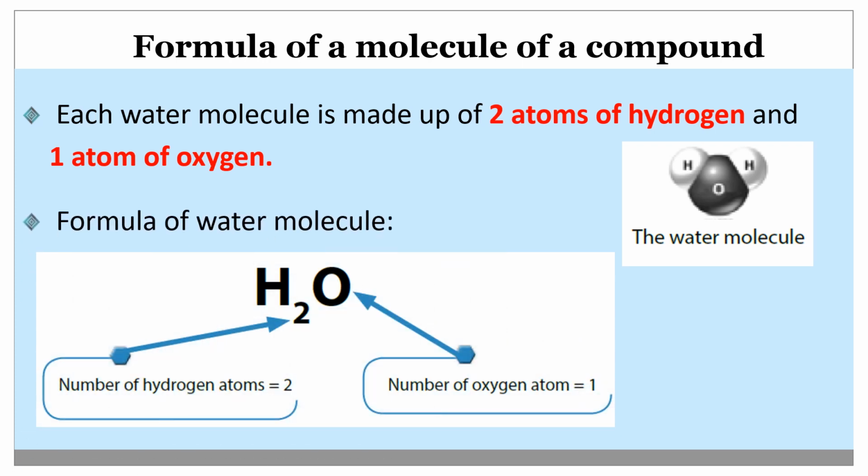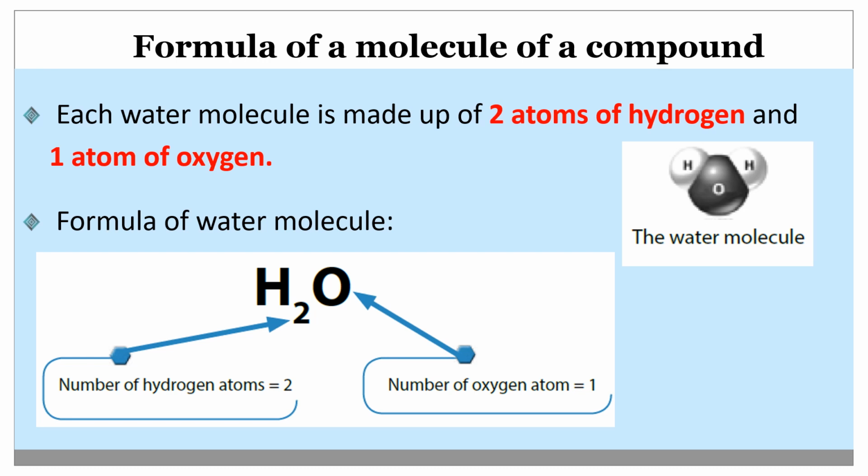The formula of water molecule is capital H with a subscript 2 followed by capital O. So, the formula of the compound gives the symbols of the elements present in the molecule. As you can see, you have the symbol of hydrogen and the symbol of oxygen.